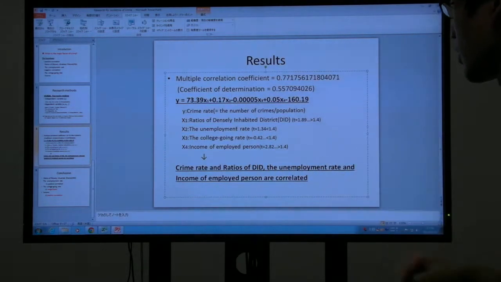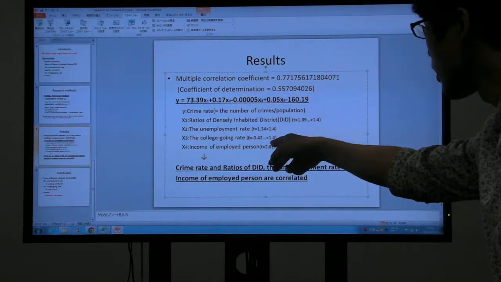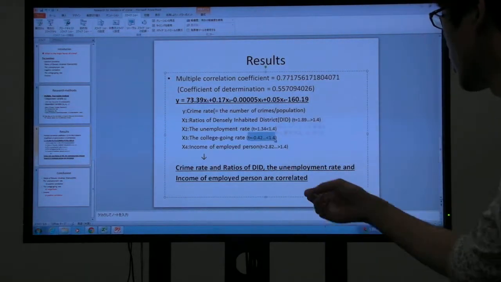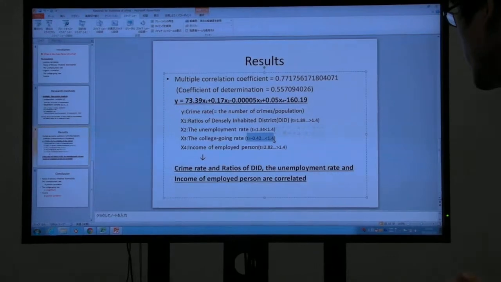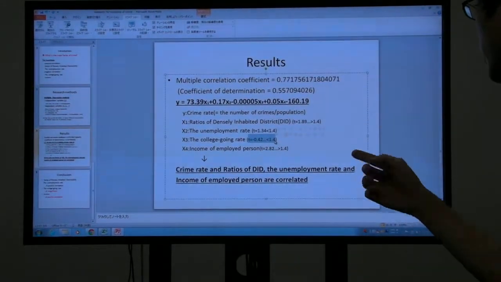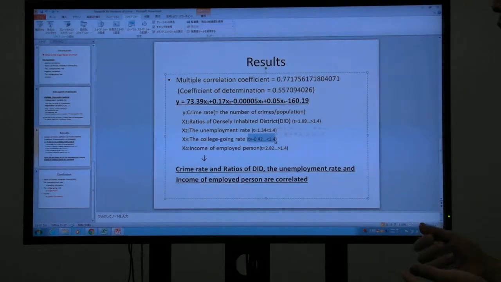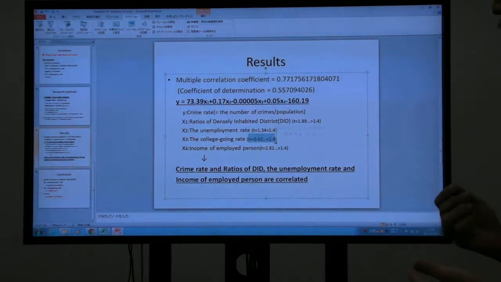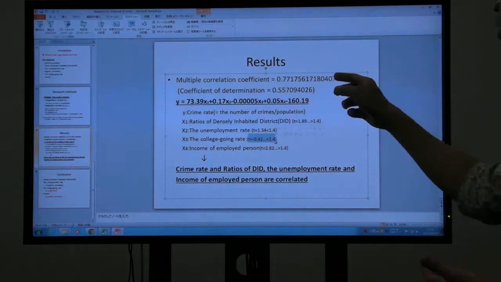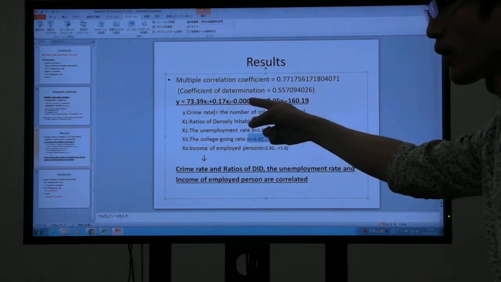In this result, look at T. T is minus 0.42, and it means this variable has very little effect on y.